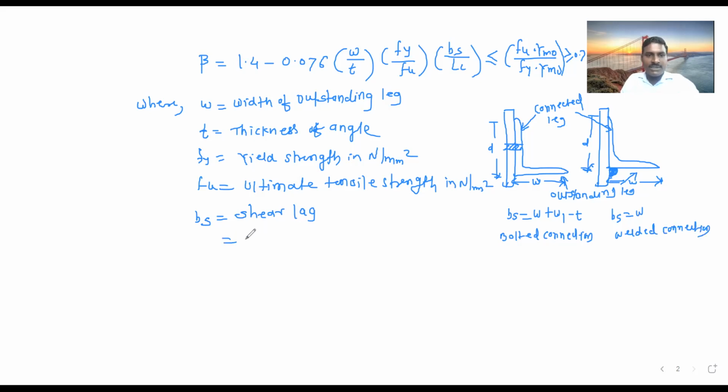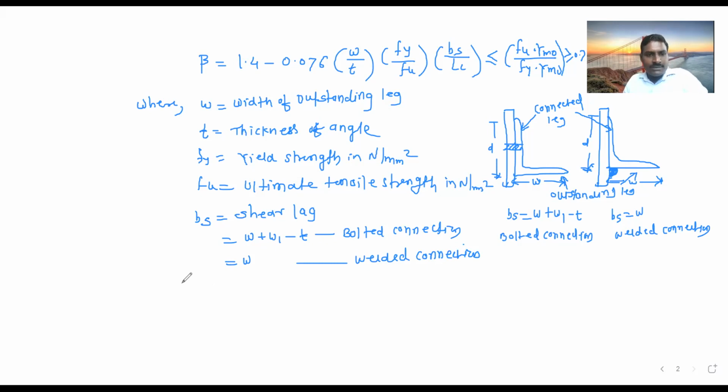So here BS is equal to W plus W1 minus T. This is for bolted connection, and BS is equal to W. This is for welded connection. Please write this down carefully.